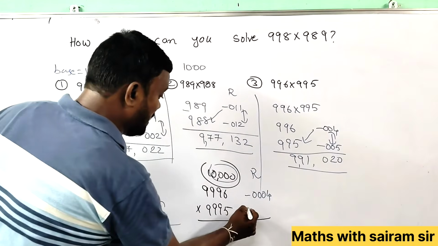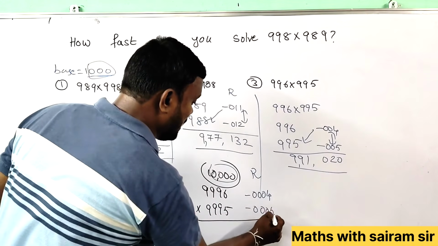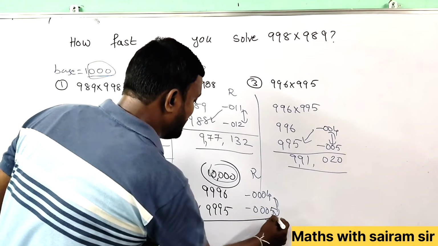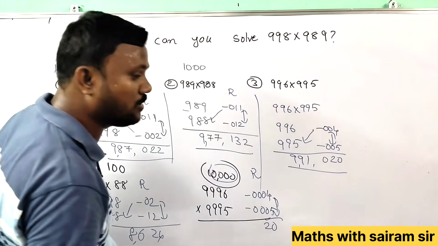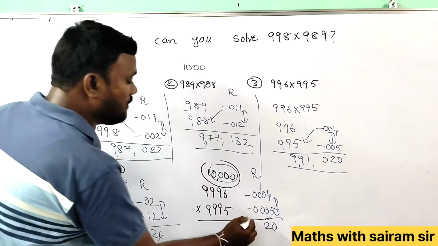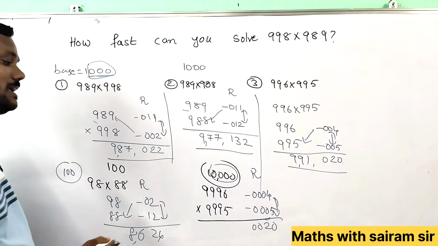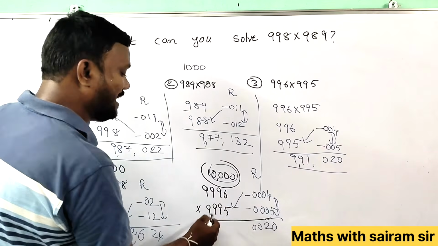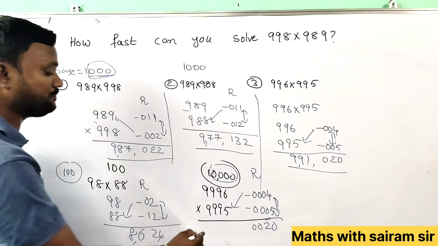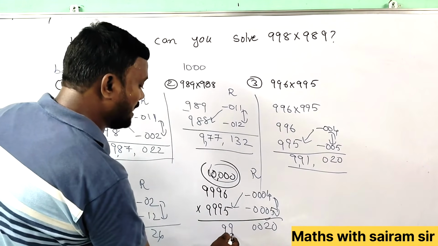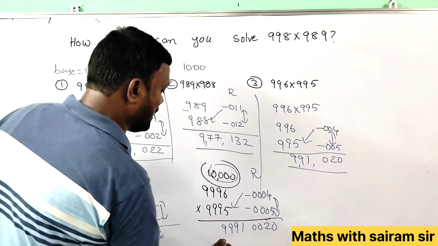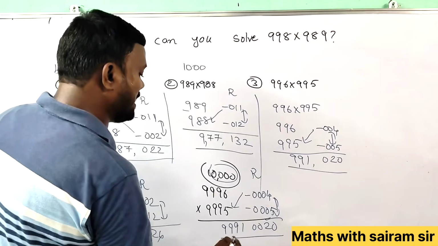I am writing it as minus 0,005. Multiplying, 4 5s are 20, as it is 2 digits, to make it a 4-digit number we need to take 2 more extra zeros before this. Then cross subtraction: 9,995 minus 4, that is 9,991. Likewise, we will get the answer.